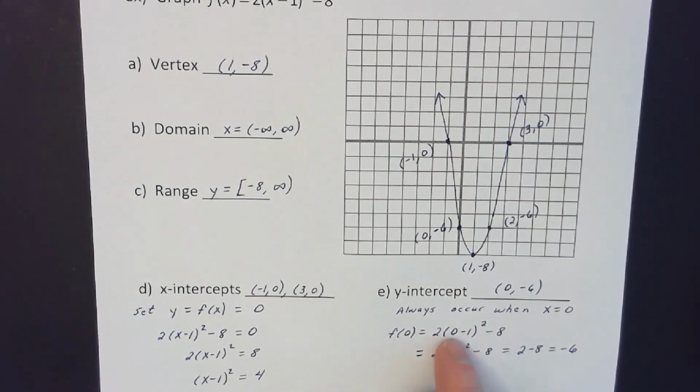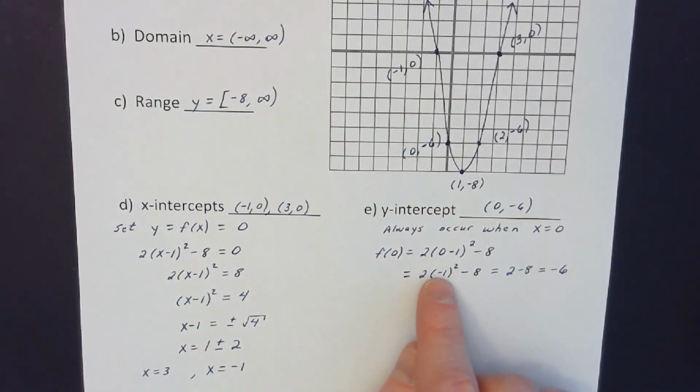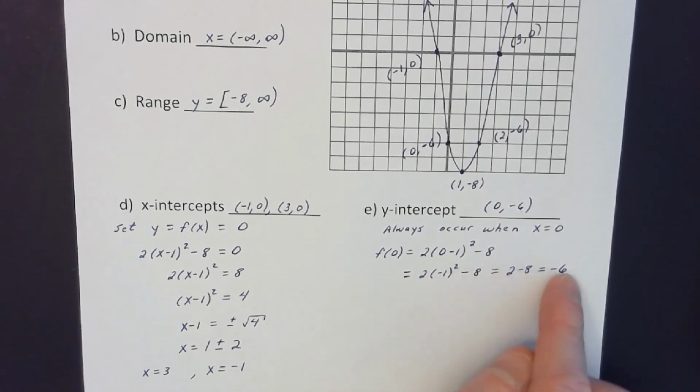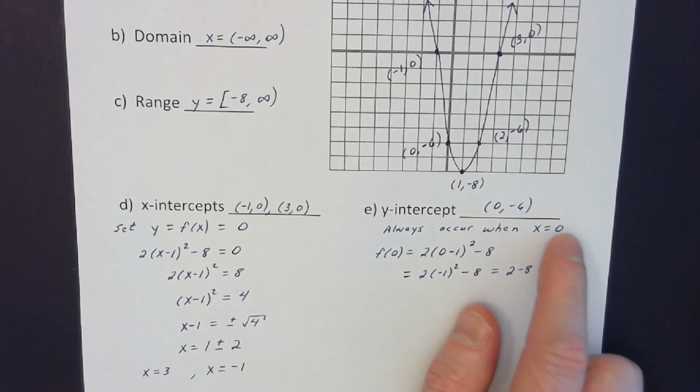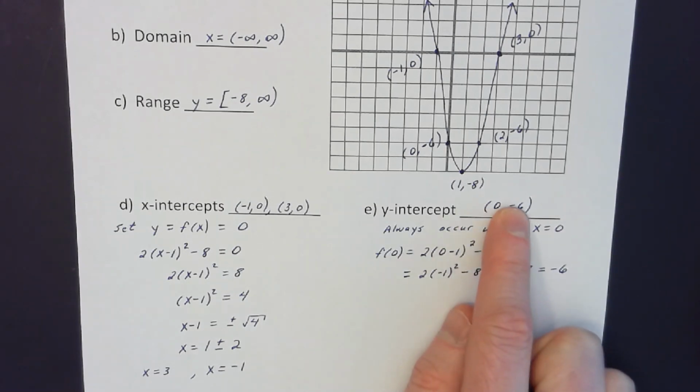And then I can say, okay, I know that 0 minus 1, that's just a negative 1. But negative 1 squared is going to be positive 1. So that's 2 times positive 1 is 2. And then I'm getting 2 minus 8, negative 6. I know my y-intercept is at negative 6. And of course that occurs when x is 0. So I get the ordered pair 0, negative 6.